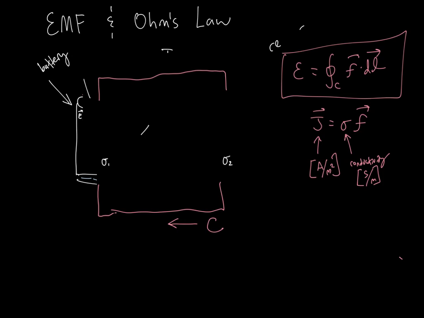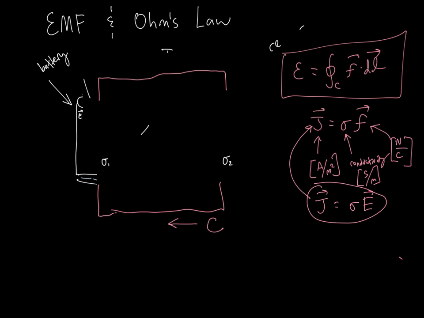And lowercase f, this is a vector, it's the force per charge. So this is newtons over coulombs. And it's worth noting that most people know Ohm's law as J is equal to sigma times the electric field. And this is a special case of the more general Ohm's law.